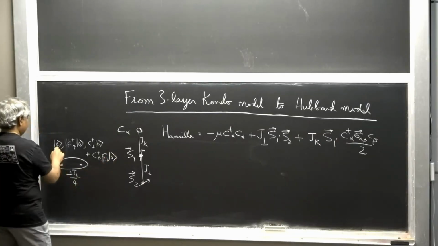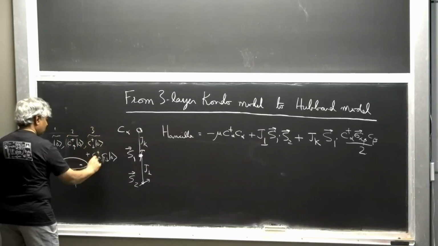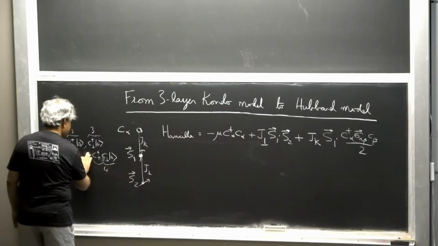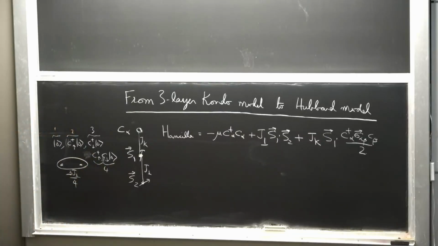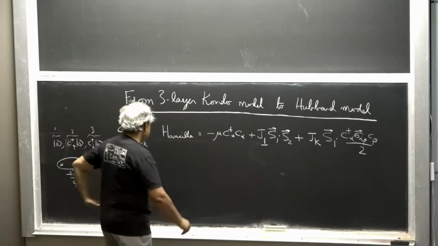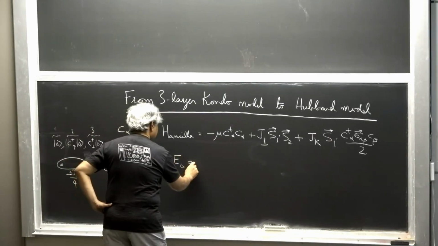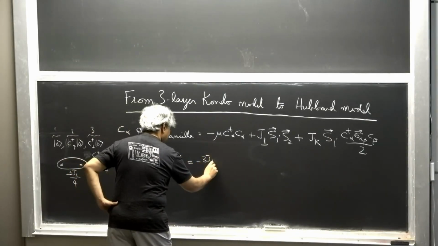Okay, so call them 0, 1, 2, 3. These are the 4 states. Okay, what are the energies? Well, to leading order, the energy is just given by the chemical potential. So to leading order, first of all, E0 is minus 3 J perp over 4.